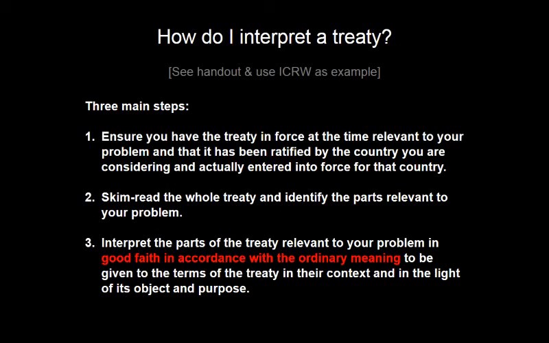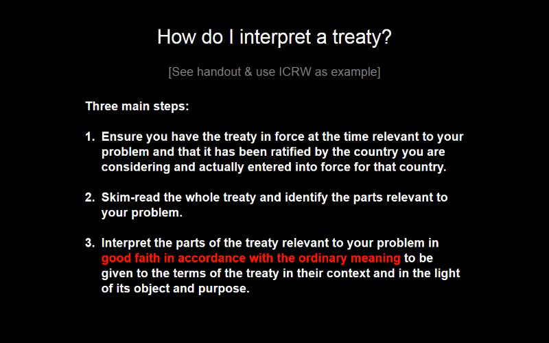Okay, so a related question. Again, I've given you an example. I've given you a handout of the major steps for interpreting a treaty. On the back, it's got an extract from Articles 31 and 32 of the Vienna Convention.